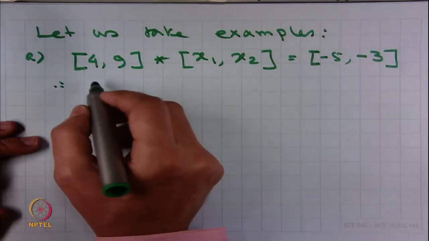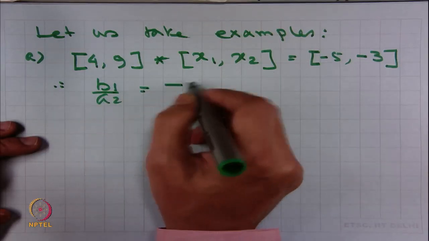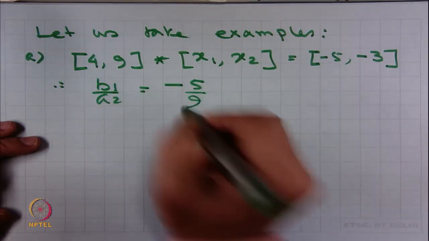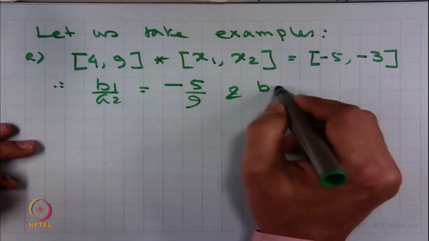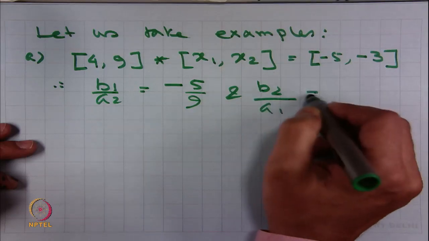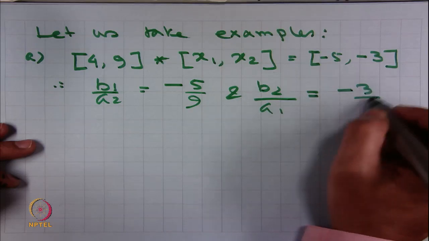Therefore, B1 upon A2 is equal to minus 5 upon 9 and B2 upon A1 is equal to minus 3 upon 4.